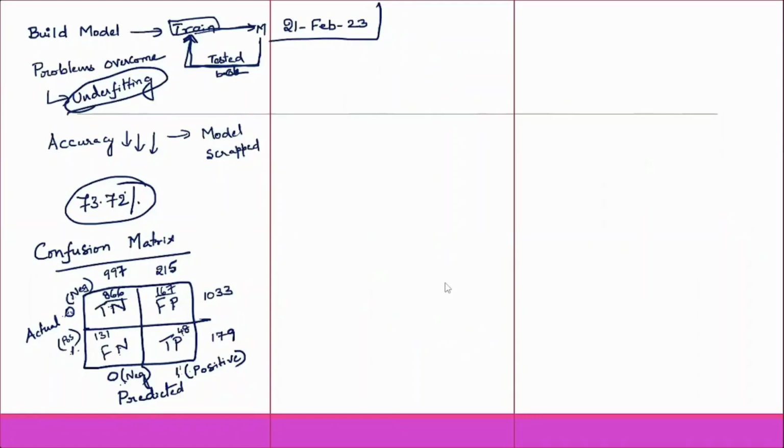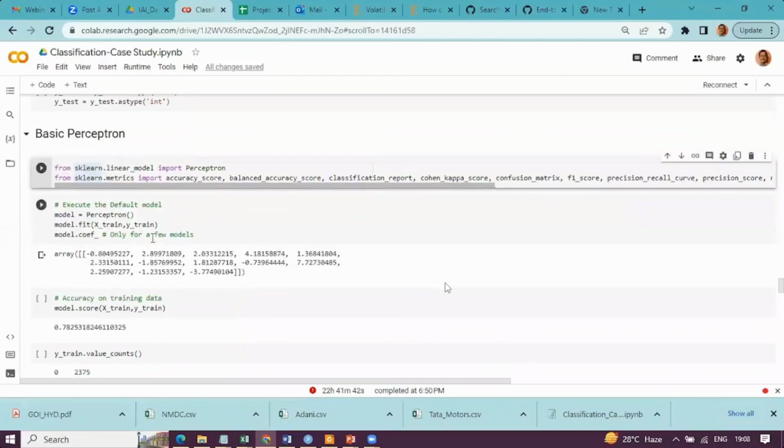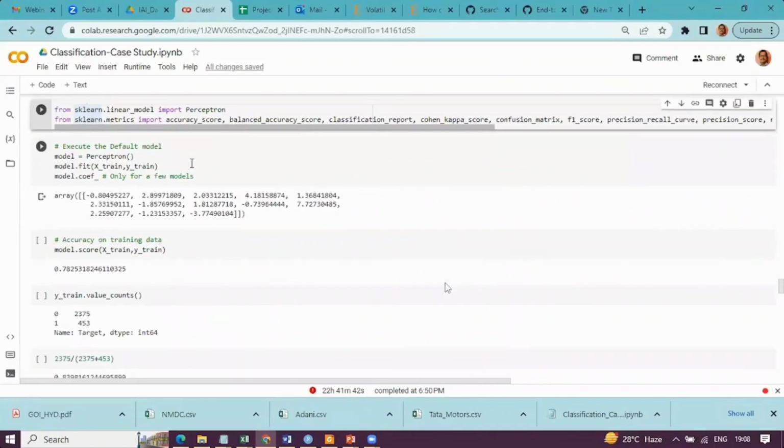Then we moved forward and tried to fit the model on our data, right? That is where we fitted, and probably looked at a few metrics, and the metrics is what we have to focus on right now. So this was the basic perceptron model.